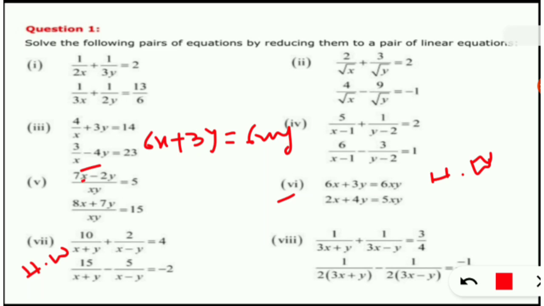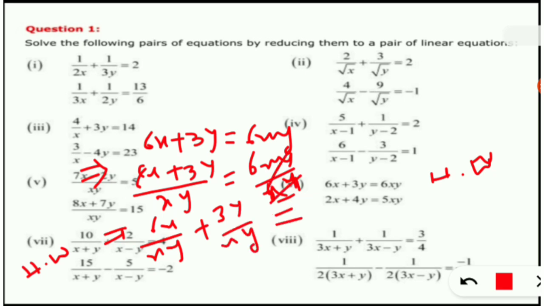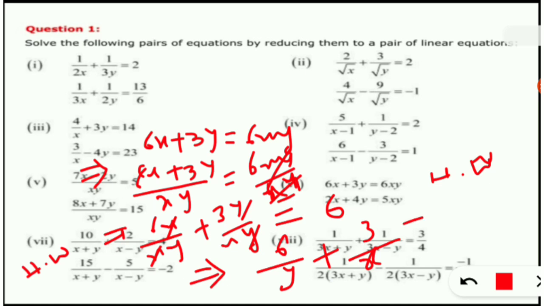If we divide both sides by xy, that means (6x plus 3y) divided by xy equals 6xy divided by xy. So this is 6x divided by xy plus 3y divided by xy. Here x cancels, y cancels, so this implies 6 divided by y plus 3 divided by x equals 6.